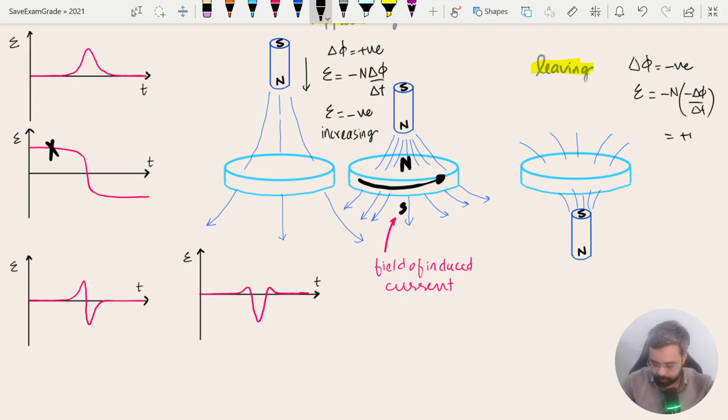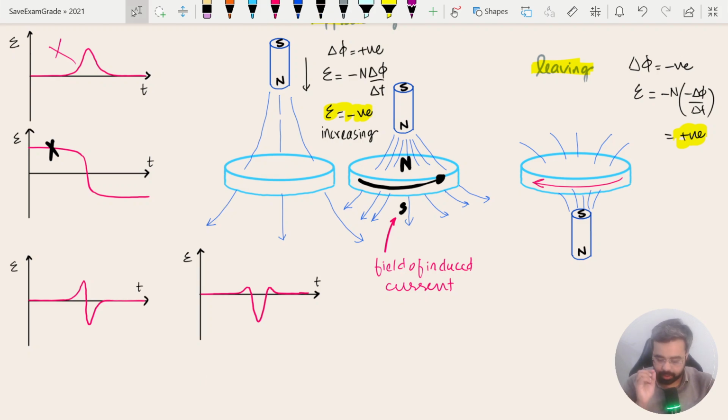It is making it positive. So you see this, the EMF has changed its polarity. EMF has changed its sign, which means that the current has to move now in the opposite direction, which is now clockwise. So it means that this option is wrong because they are not showing the current in the opposite direction.